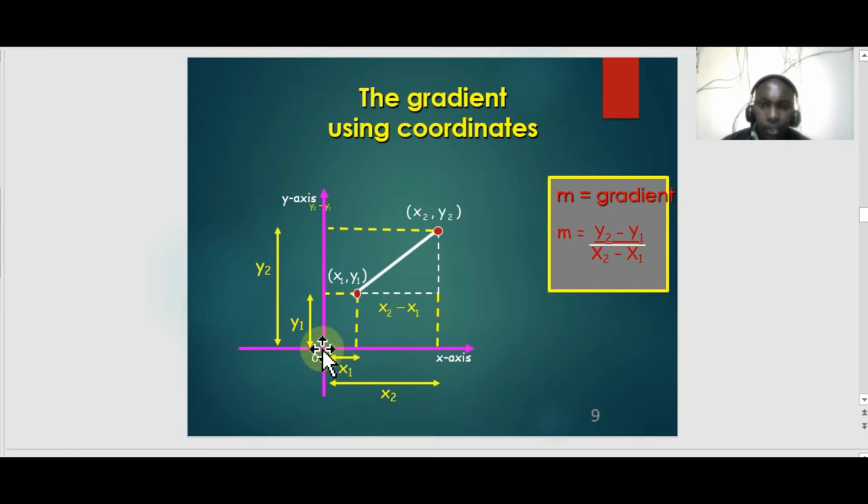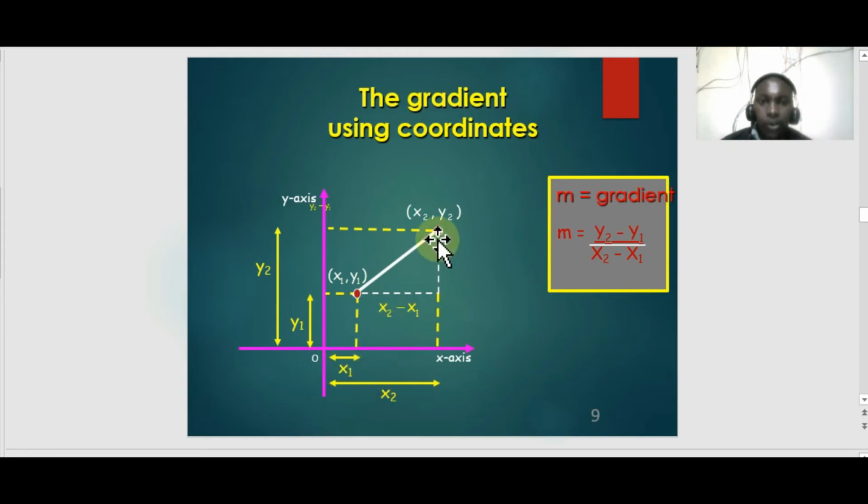From this point to this point, you can see here this is x1, and from this point all the way to the end there, that is x2. So to get the horizontal distance here, it will be x2 minus x1. That is how we obtain this.